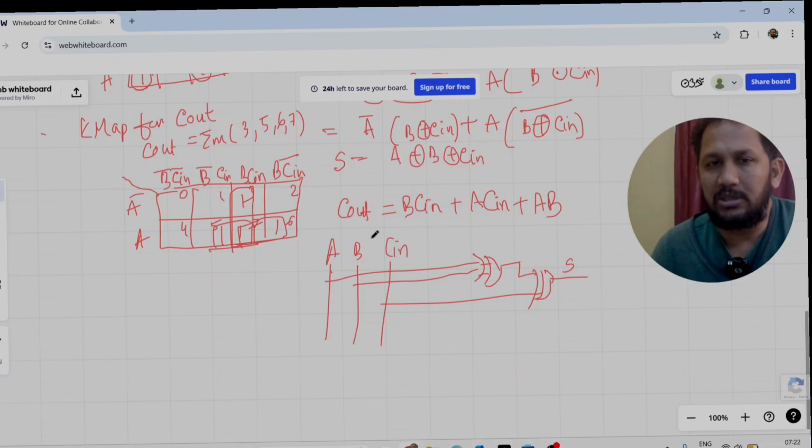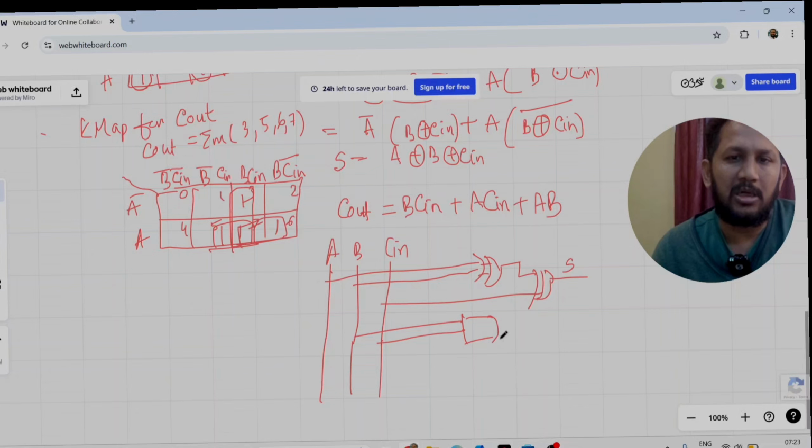Now we need to construct the Cout expression. This means multiplication of B C in, so we use an AND gate for B and C in. When there is a multiplication operation, then we need to create an AND gate. Next one is A C in, A and C in.